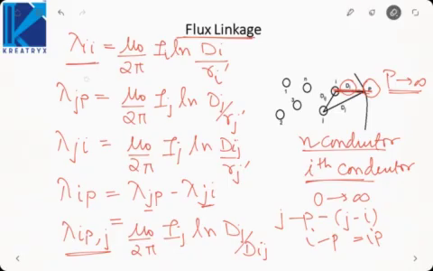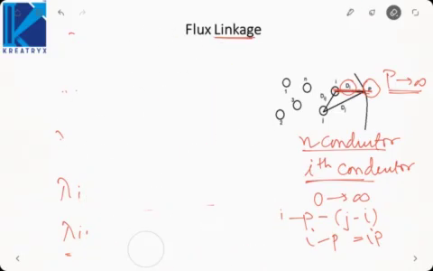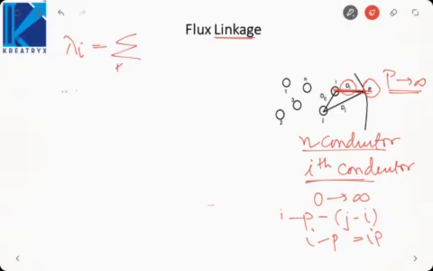So to determine the total flux linkage, we will add these terms. So lambda I will be equal to the summation k equal to 1 to n of lambda Ik. When k is equal to I, lambda II denotes self flux, other terms represent mutual flux.